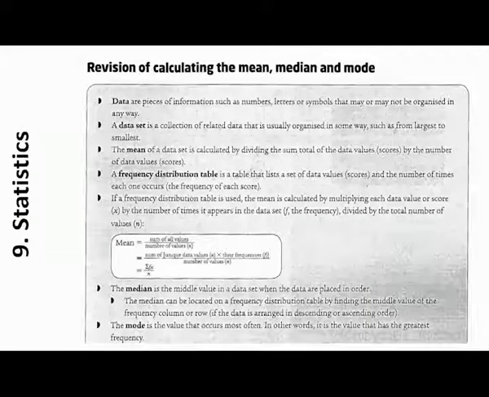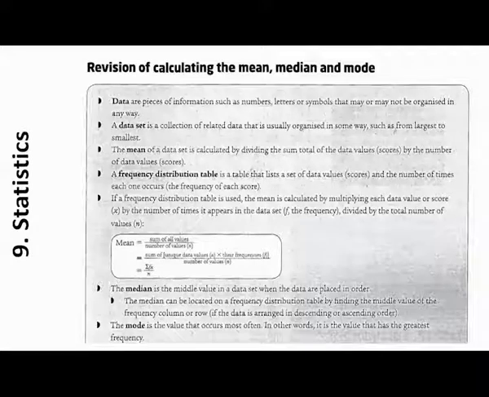The revision of calculating the mean, the median and the mode. You have data. You have a data set. You have the mean. Look carefully how you have to find the mean. The mean is the sum of all values divided by the number of values. So make sure about that.